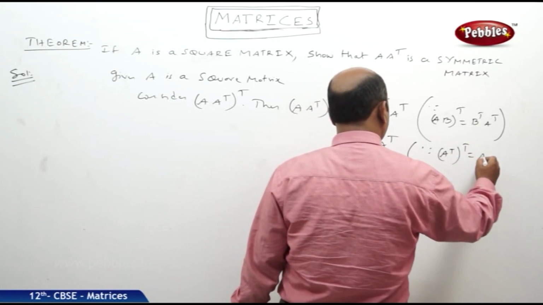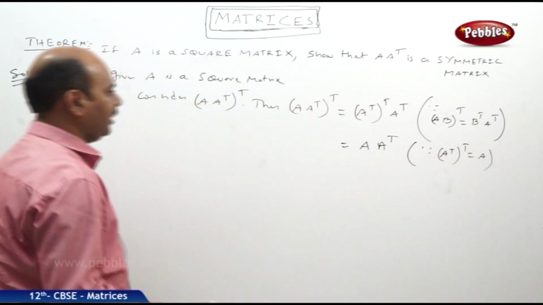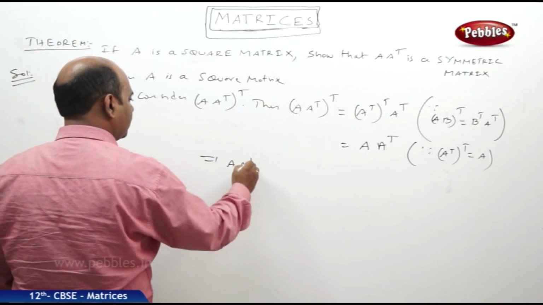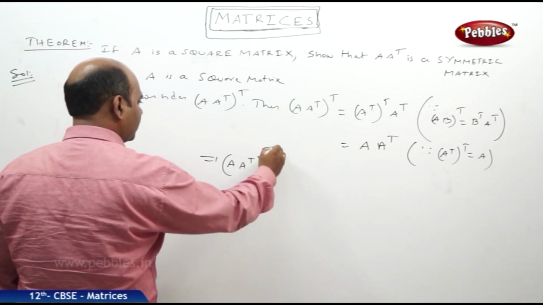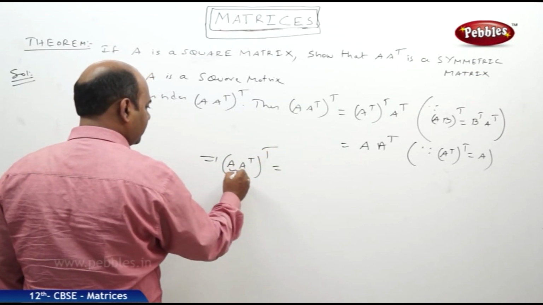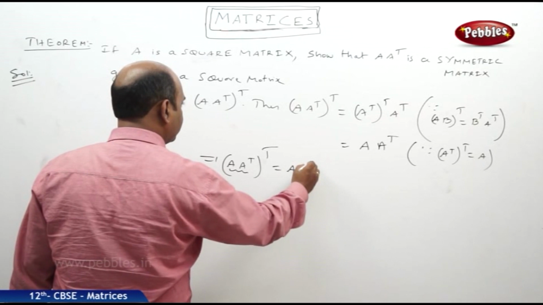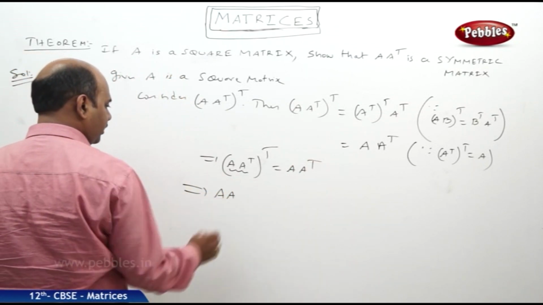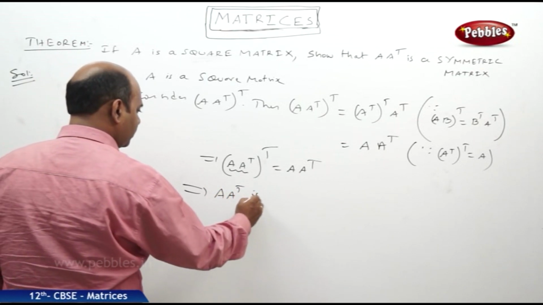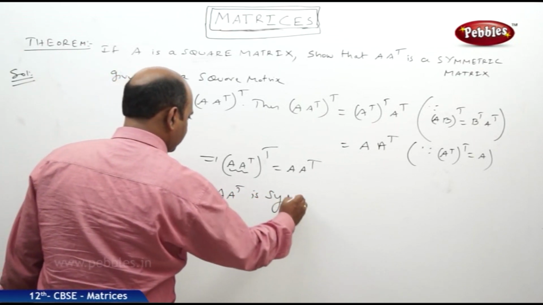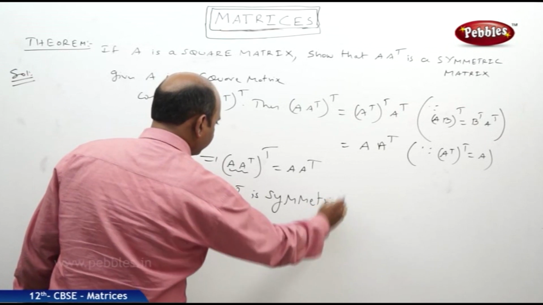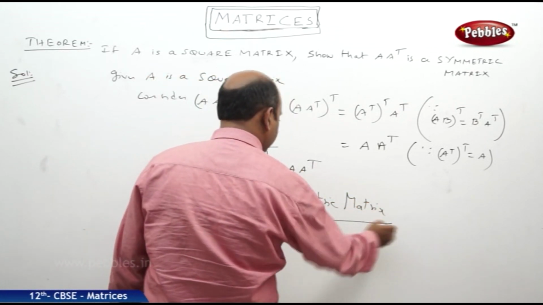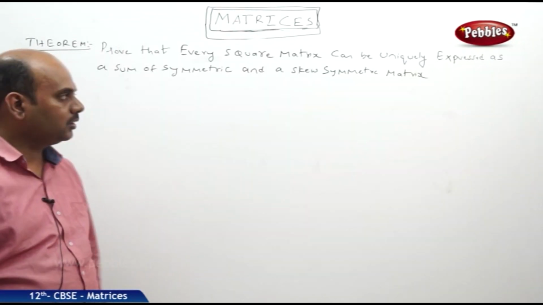A transpose whole transpose is always equal to A. So finally what we got, if I took A into A transpose whole transpose, I got this particular result only. That means A into A transpose. So what happens, what conclusion I can give? A into A transpose is a symmetric matrix. Copy.